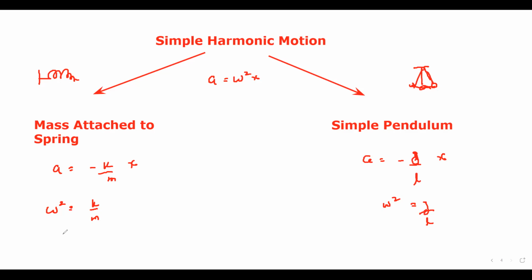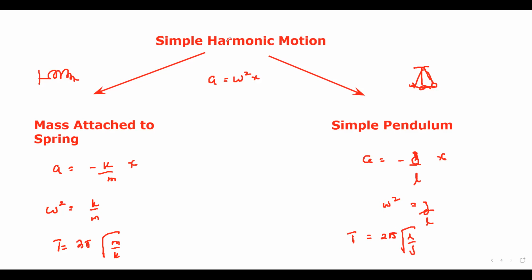And the formula to get the time period: T is equal to 2 pi under root m divided by k for a mass attached to a spring. And here T is equal to 2 pi under root L divided by g.